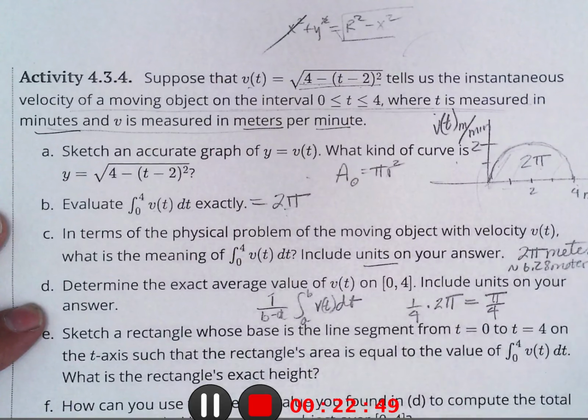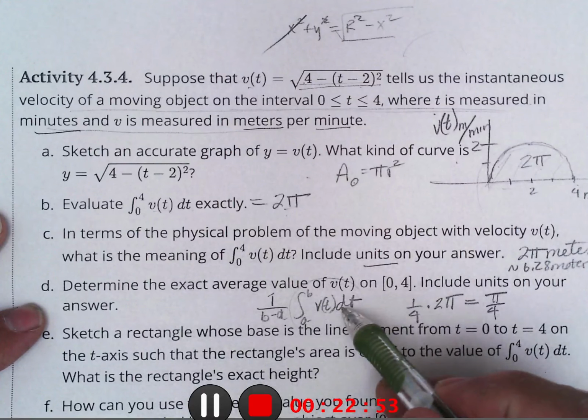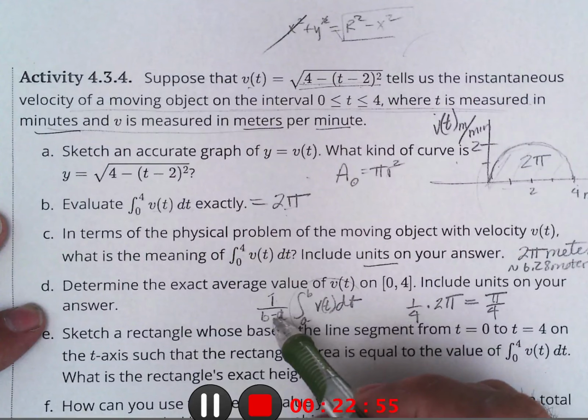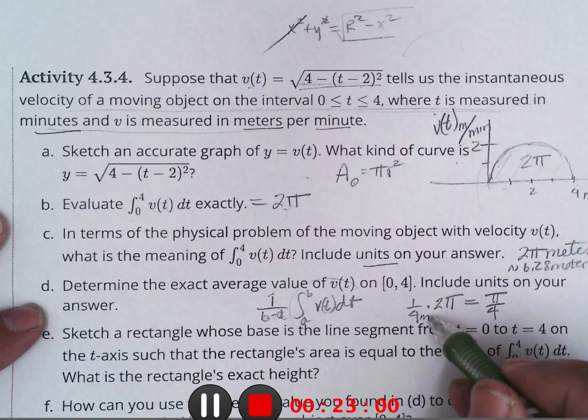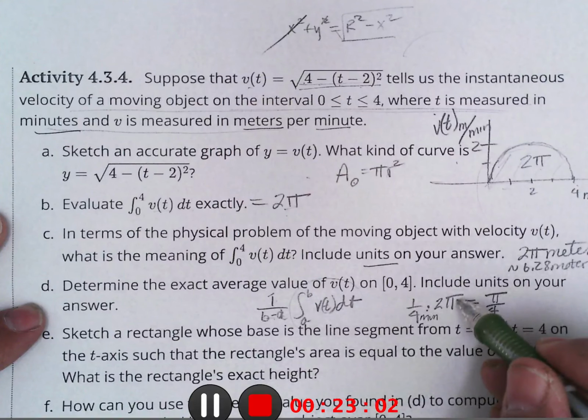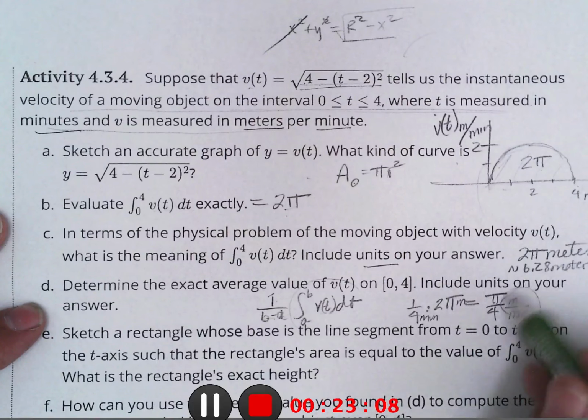And see, this would be meters times 1 over time, the minutes. 4 minutes is the width of the interval. And this is meters. So we get meters per minute, which is an average velocity.